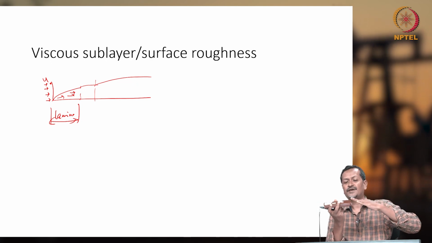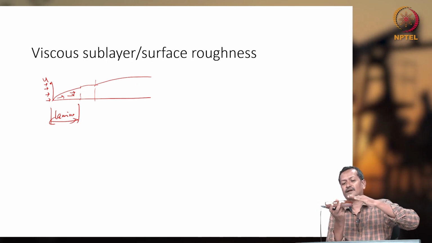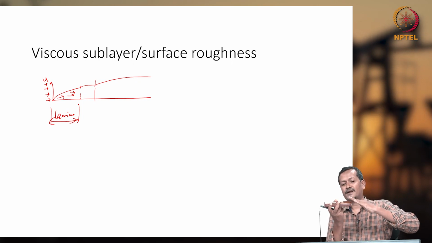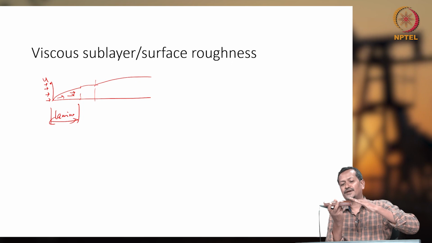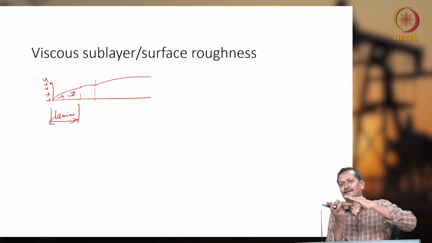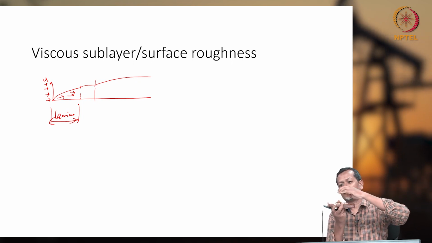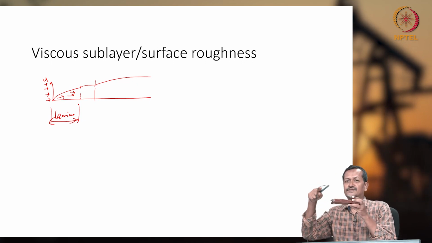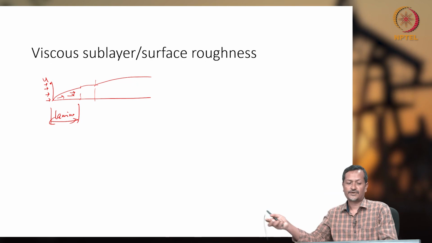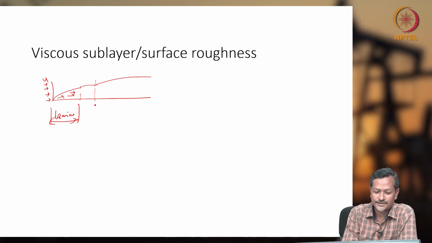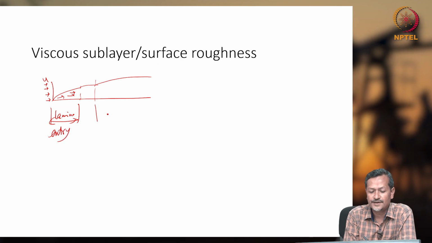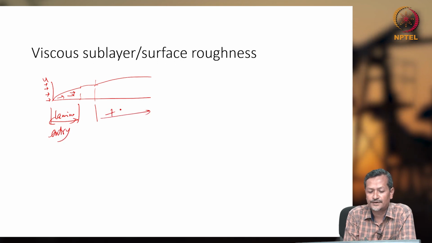When it is reaching, it will create one layer on the solid surface, and the next layer will be like this. The initial will be laminar, then after that there will be a transition zone, then the transition zone will break, creating a lot of turbulence, so that is called the turbulent zone. So here I'll draw like this: laminar or entry length, then this area will be turbulent.